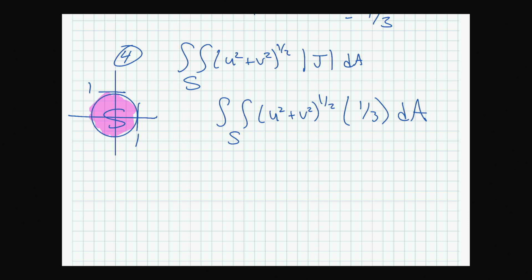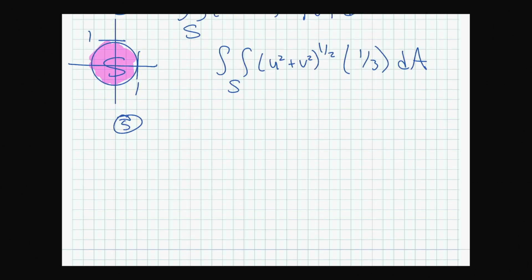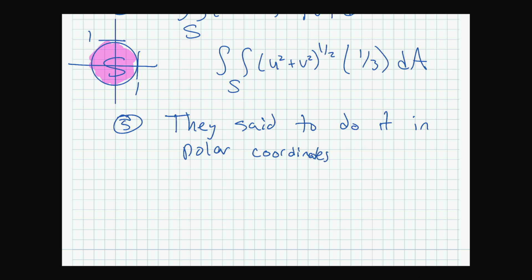But they said we had to do it in polar coordinates. So how do you integrate over a circle with radius 1 in polar coordinates? They said to do it in polar coordinates.